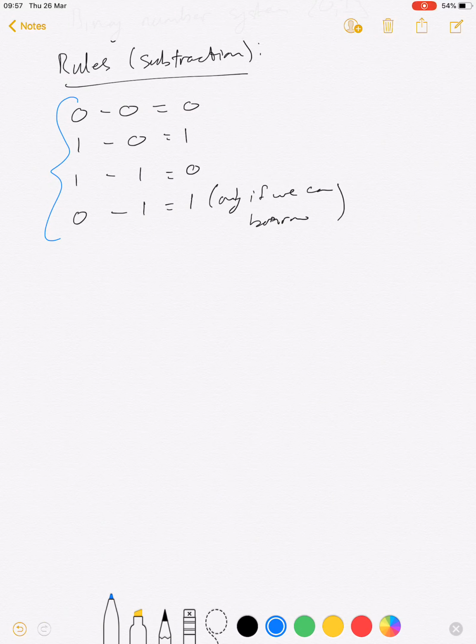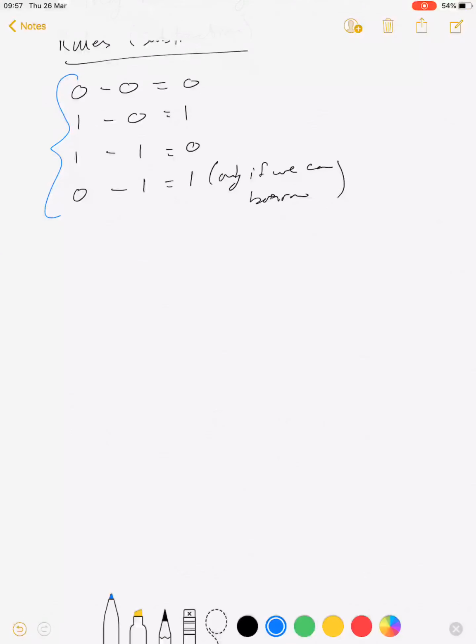The first one: the number 7, which is equal to 111 base 2, and the number 2, which is equal to 10 base 2. If we subtract these two numbers, I know that 7 base 10 minus 2 base 10 should give me the number 5.